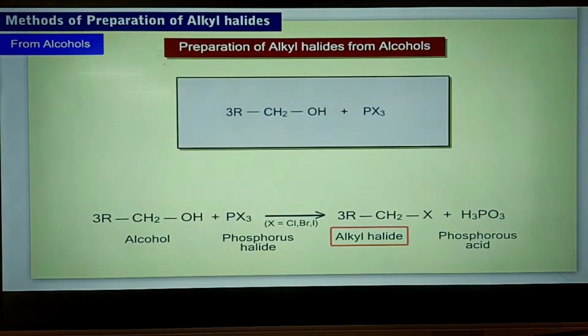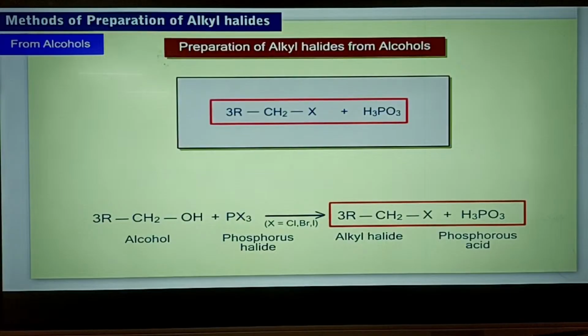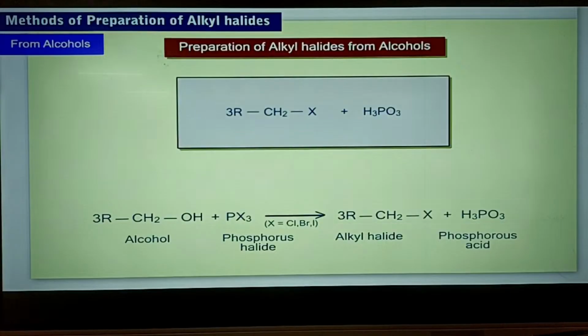Alkyl halides can also be prepared by reacting alcohols with phosphorus halides. In practice, phosphorus tribromide is the most common phosphorus halide used. A general equation for a reaction between an alcohol and a phosphorus trihalide is shown here.